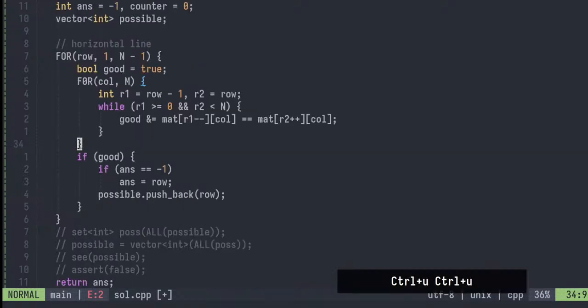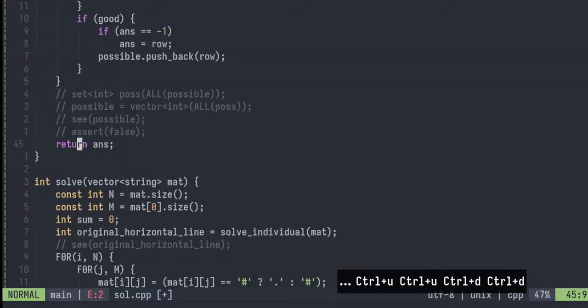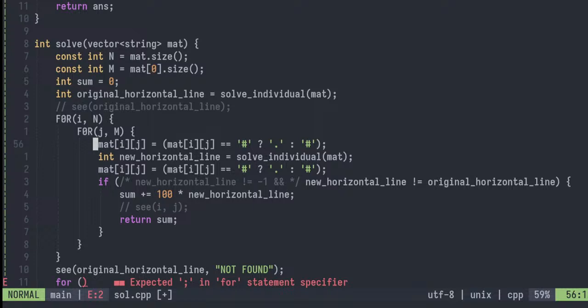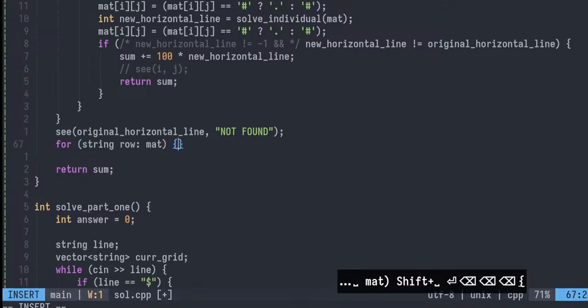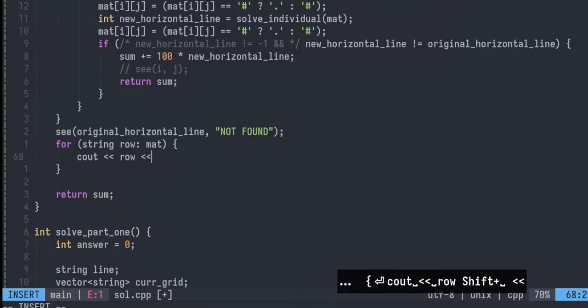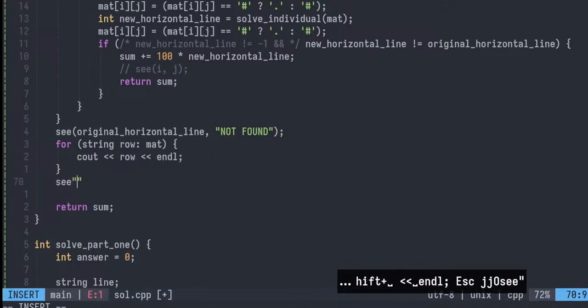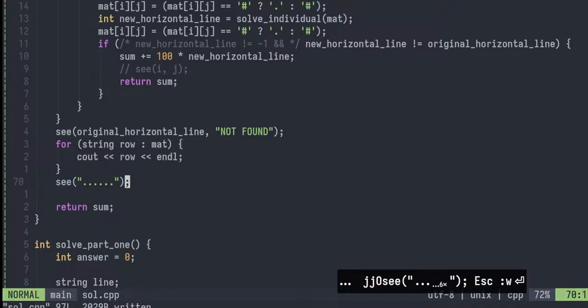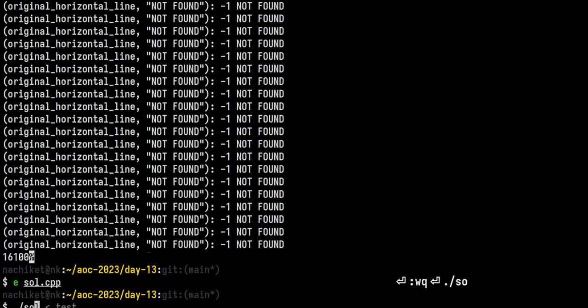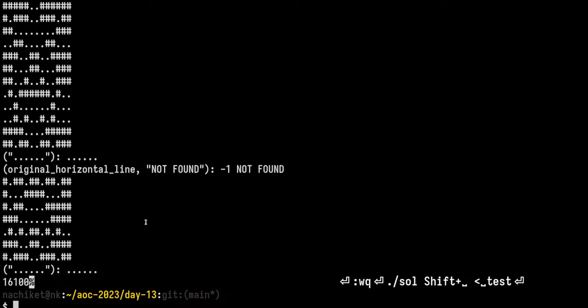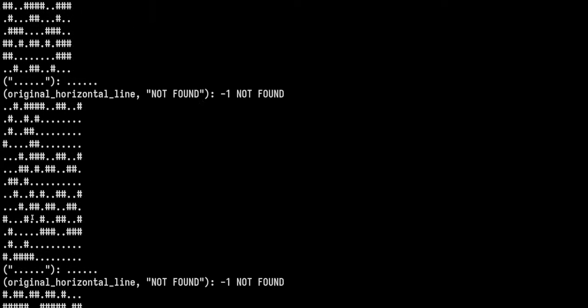These tests, I mean, let's see if there is a smaller one.